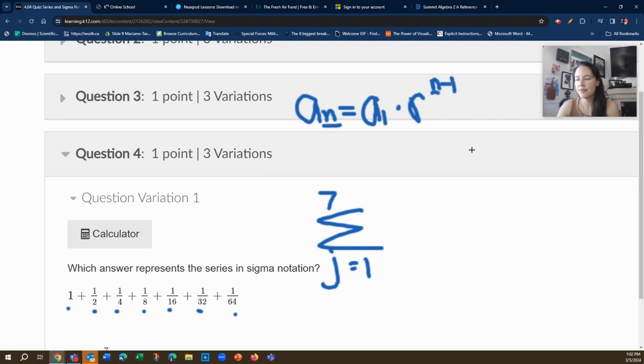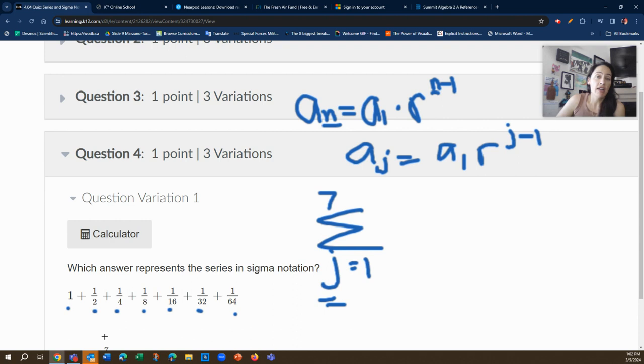The n doesn't matter. It's just the index letter. So in this case, it would be a sub j, it's fine, is equal to a sub 1 times r to the j minus 1. So whatever letter they have, K, L, Q, R, doesn't matter. That's just a variable as a placeholder for your series notation.